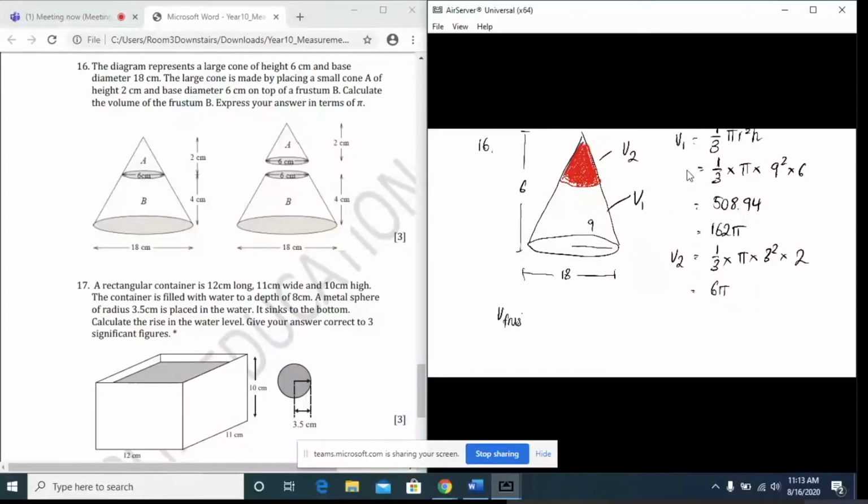The volume of our frustum is going to be equal to 162 pi minus 6 pi, which is equal to 156 pi. Now you can leave it to two decimal places if you wish to, but remember in this question, they want us to express it in terms of pi, so let's keep it in this form here. That is going to be it for question number 16.